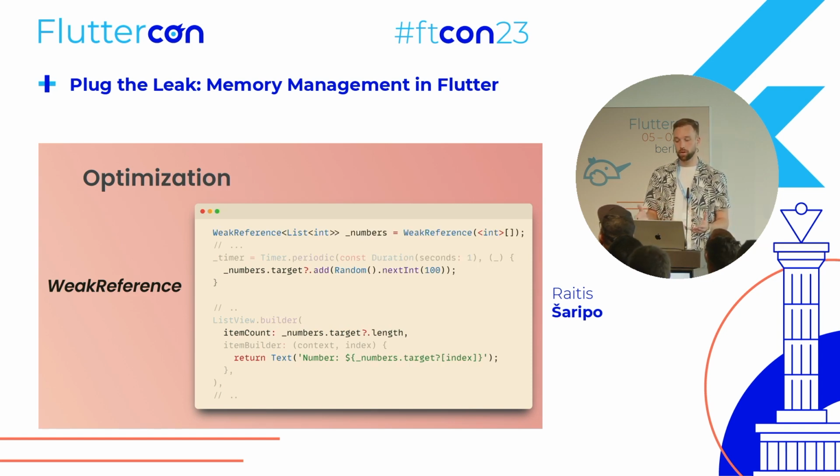It basically creates a reference that doesn't prevent the object from being garbage collected, meaning that it can be garbage collected at any time. How it works: we just wrap our object within a WeakReference class and use it as a regular object, except that we need to perform some additional safety checks, because the target of the weak reference can be null.